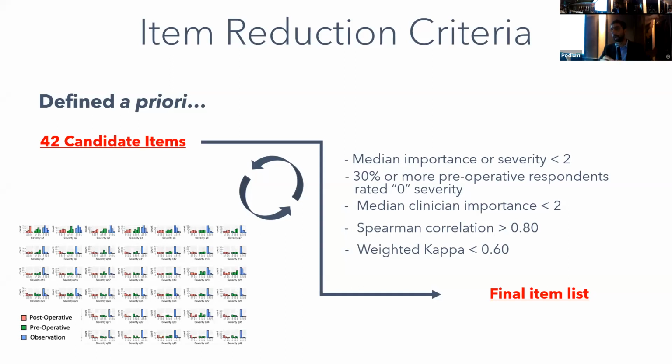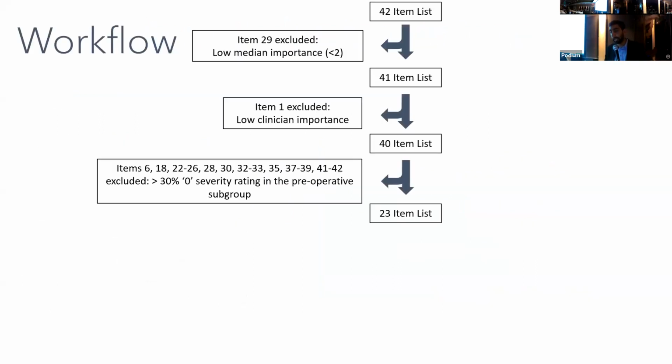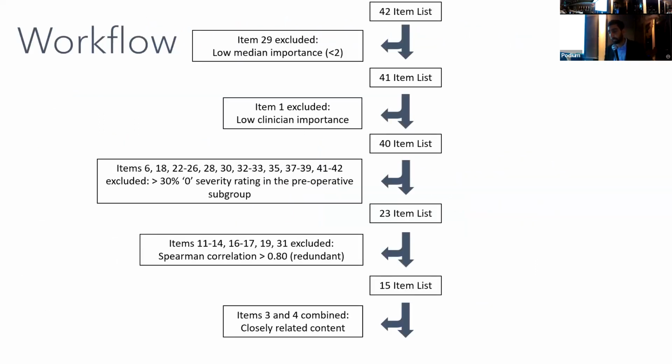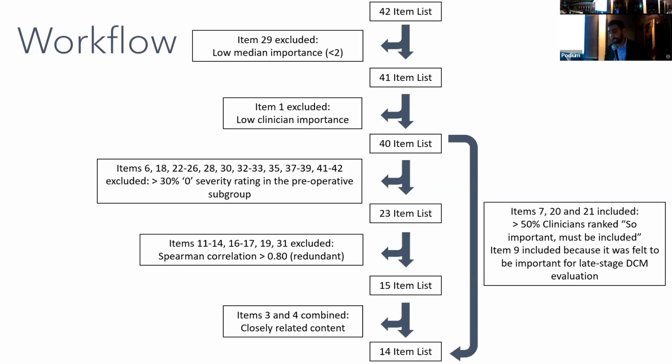So if you have 2 items that are measuring the exact same thing and are highly correlated, then we would go with one that is either more important to clinicians, more important to patients, or ideally both. And so we did this iteratively and looked at the distribution of responses. And ultimately, we eliminated this 42-item list down to 14 items.